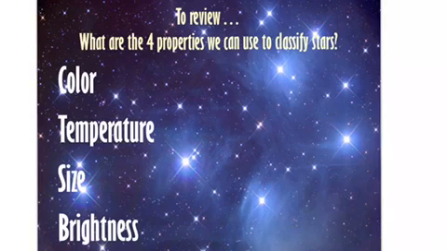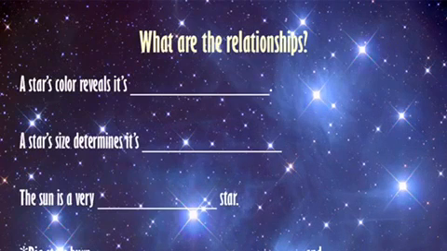So to review, there are 4 properties we use to classify or describe stars: color, temperature, size, and brightness. Remember that the color of a star is determined by its surface temperature, and the brightness of a star is determined by its size. And so what are the relationships that you need to know about stars?